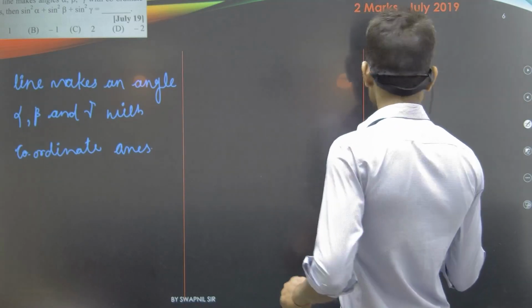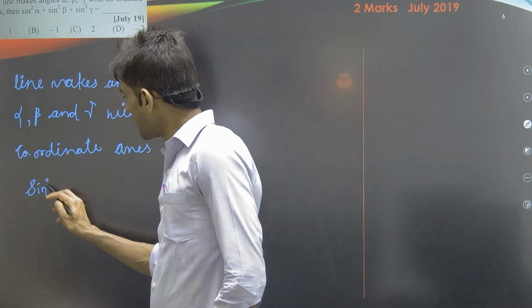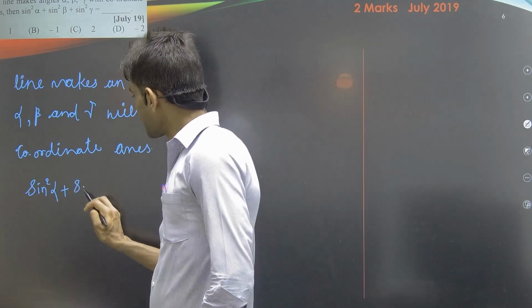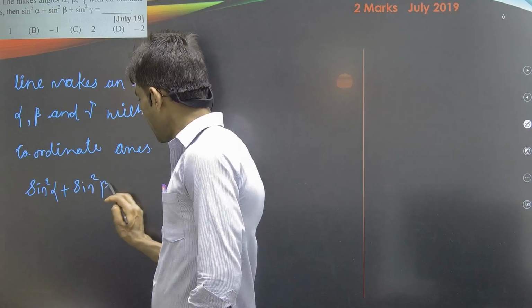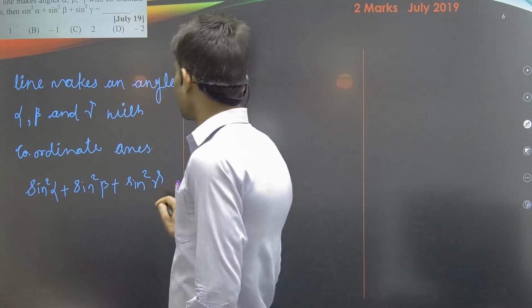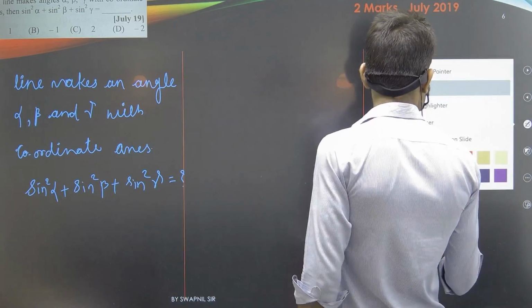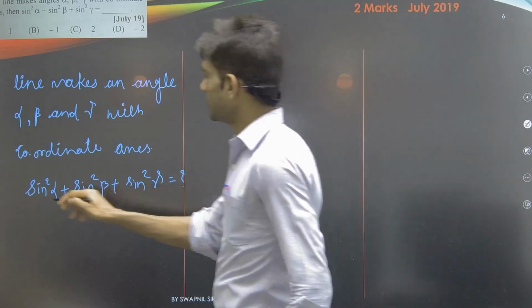So this is our required claim: the value of sin square alpha plus sin square beta plus sin square gamma.